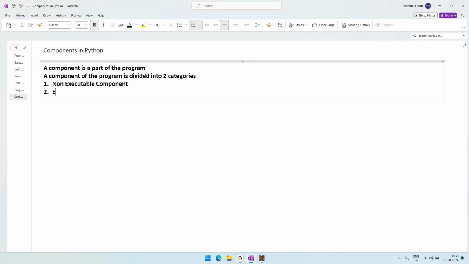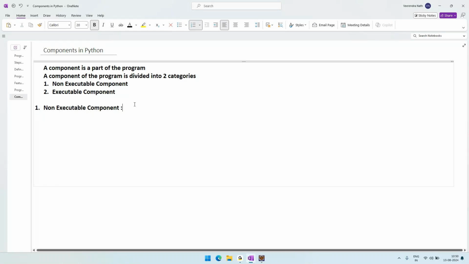The second one is executable components.